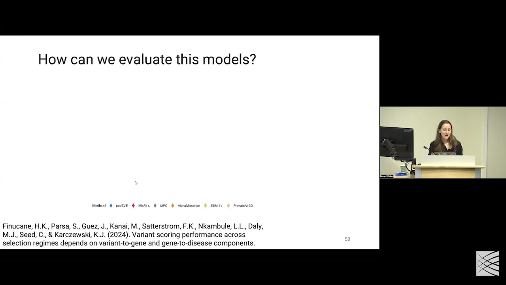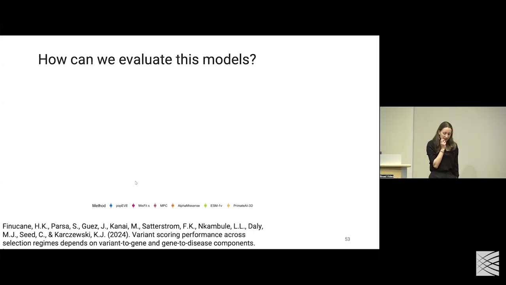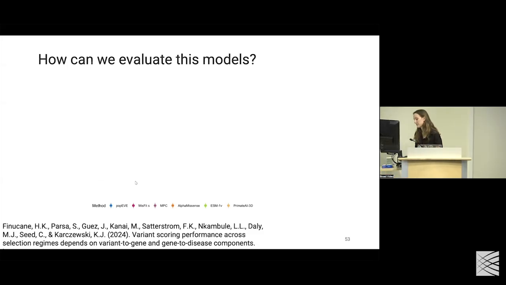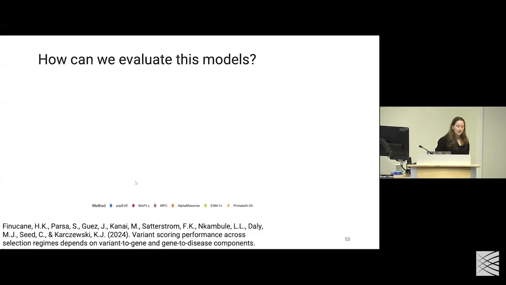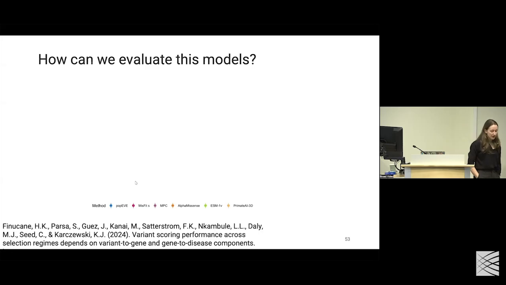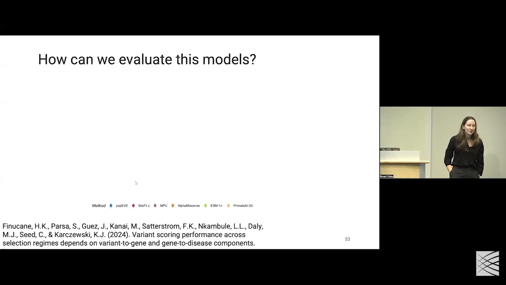Okay. So how can we evaluate these models? Now I'm getting towards the end, but this is a very cool piece of work that Hilary Finucane and others here at the Broad have worked on, where they've made this collection of benchmarks, and they call them Genetics Gym, where there's a lot of variant effect predictors out there. Which one do I use for my problem, for my variants?